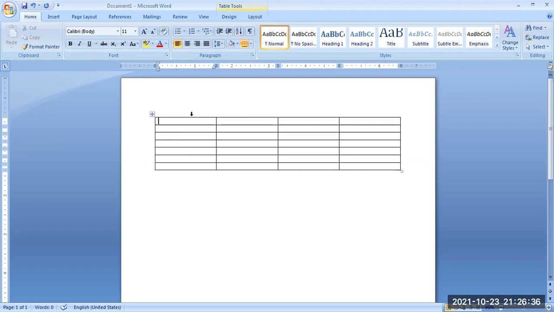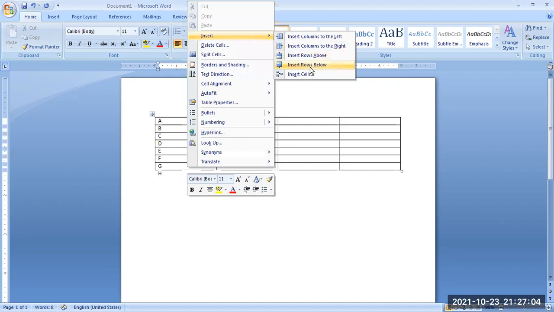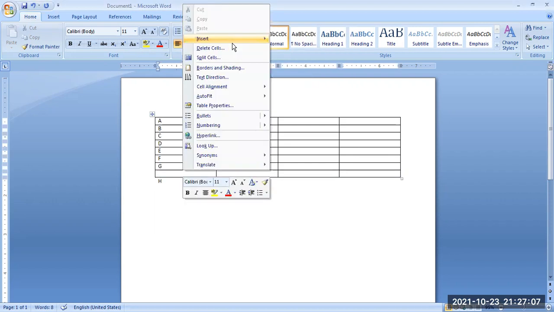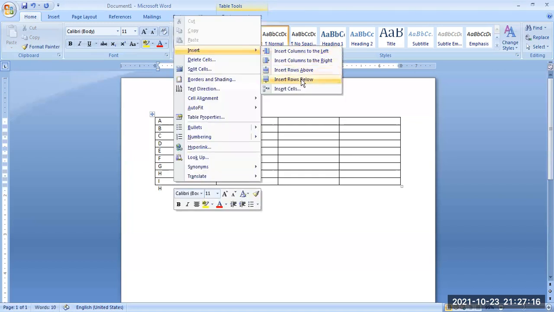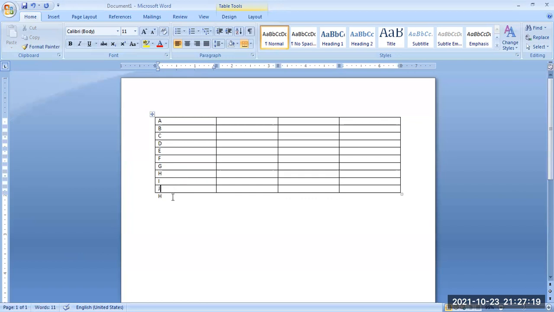The workers are A, B, C, D, E, F, G, H, I, and J.